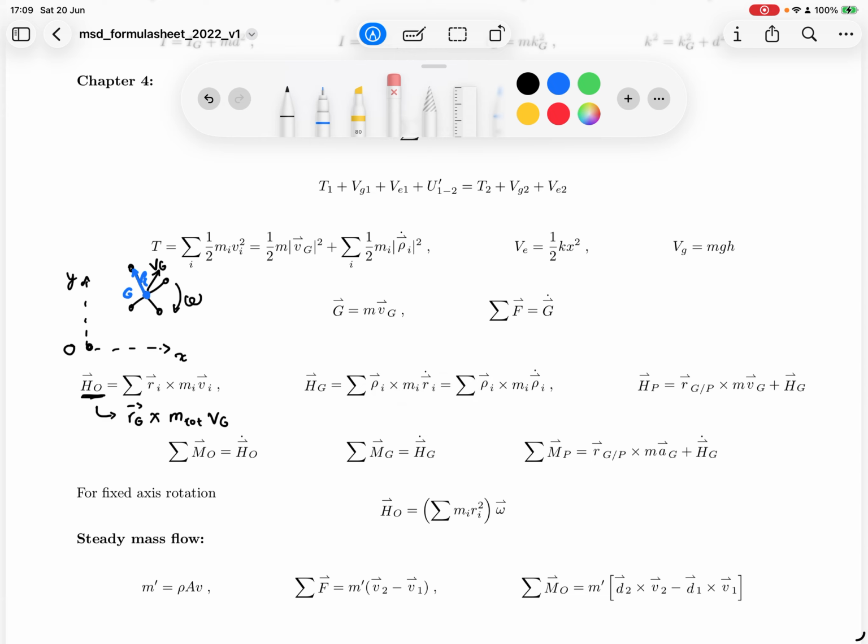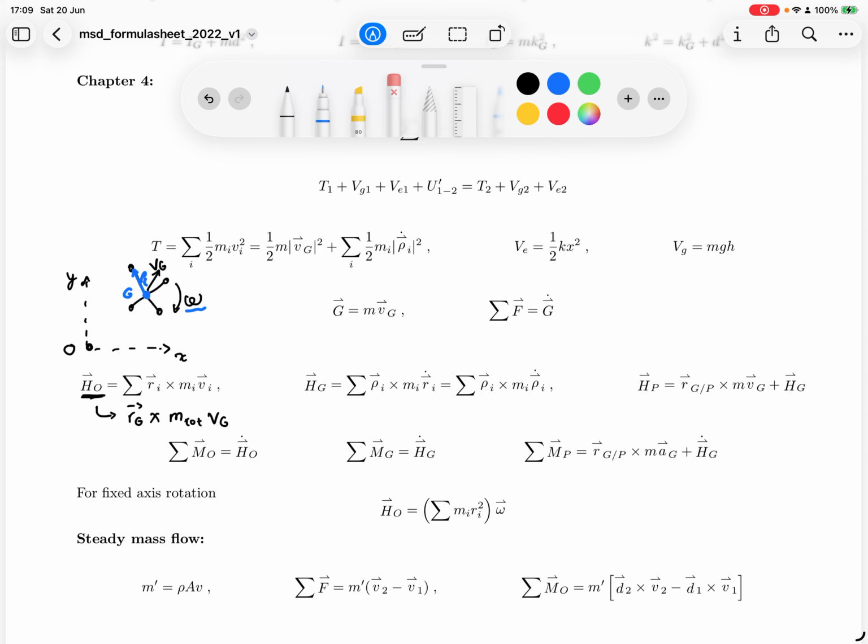If they give you the relative velocity to G, or let's say they just give you omega, right, then you can calculate the relative velocity to G, and you're going to use this equation over here. Okay, so it's dependent on what they give you.